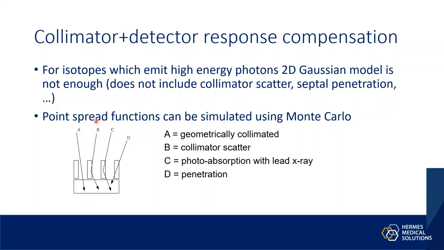And we just put point sources at different energies in front of the collimator, run Monte Carlo simulation, and save the tables, and then use those tables inside our reconstruction algorithms instead of the 2D Gaussian model.